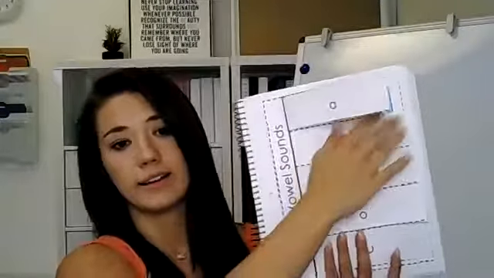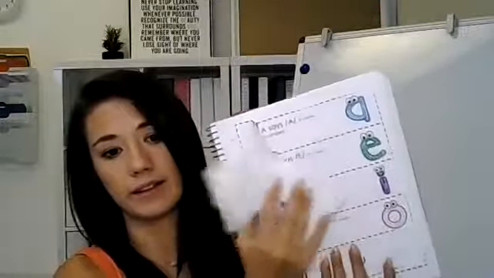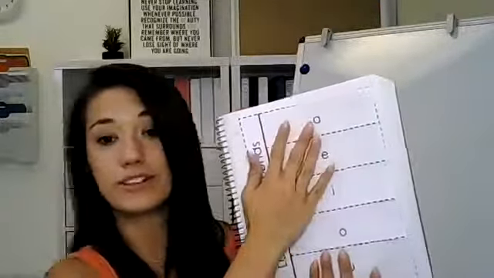This will also work for long vowel sounds here. You've got your vowels on the front page, then you've got your rule in the back as well as the key image. For the long vowel sounds, we just use the letters because they just say their name. So they've got their images there as well. You can use this for other rules besides just vowel sounds.